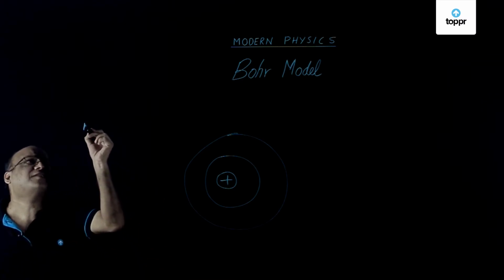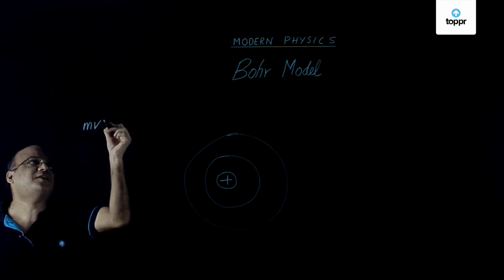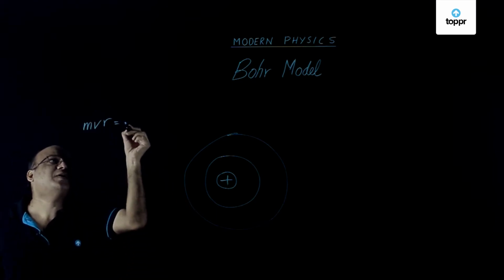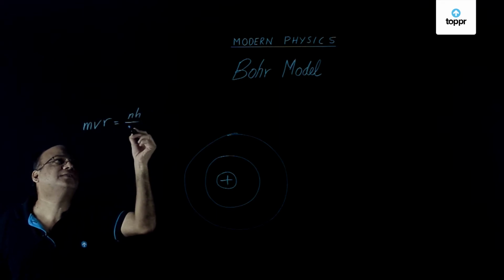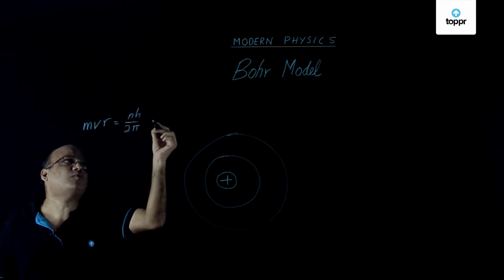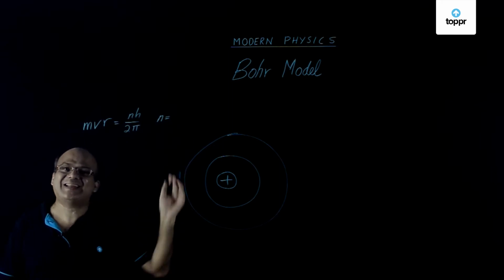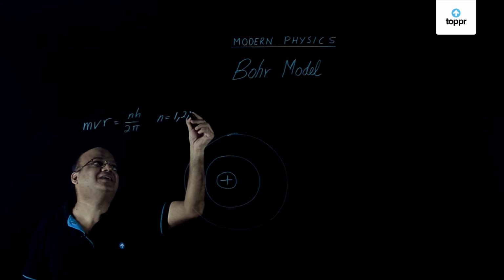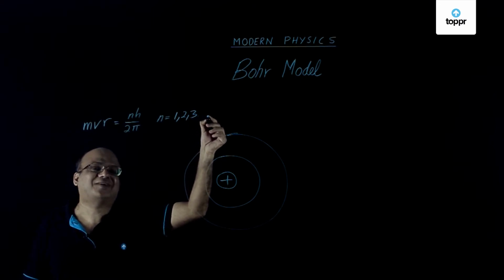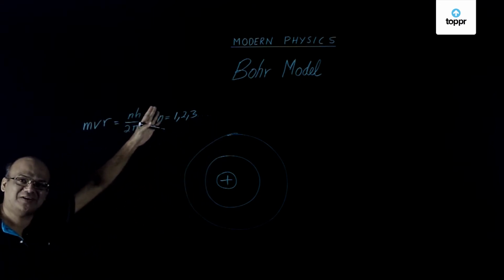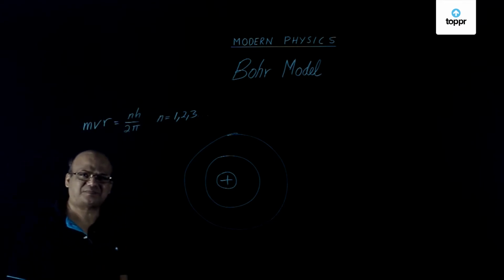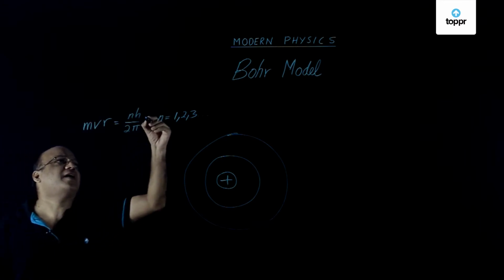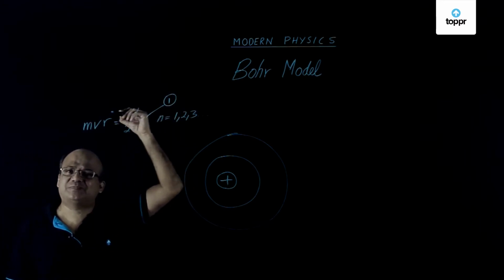So, mvr, where mv is momentum and mvr is angular momentum, is equal to nh by 2 pi, where n is the principal quantum number. n has values of 1, 2, 3, and so on up to infinity, all integers. So, this was the first equation, mvr equal to nh by 2 pi.